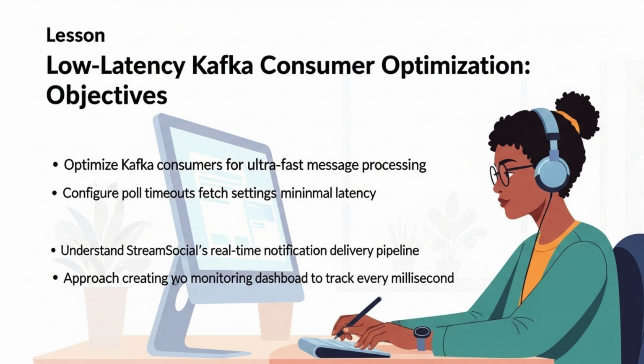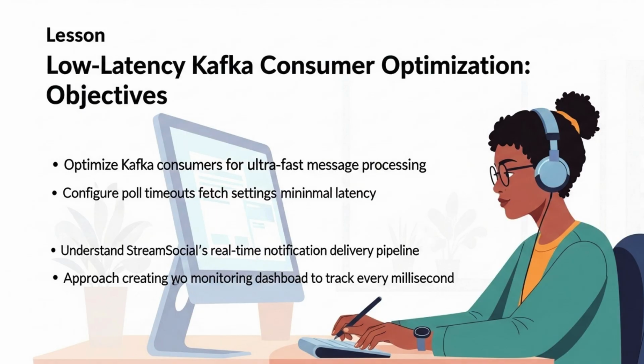By the end of this session, you'll have a practical understanding of how to build systems that react faster than a blink. Specifically, you will be able to optimize Kafka consumers for ultra-fast message processing. You'll grasp the key settings that dictate how quickly your applications can react to new events. We'll also cover how to configure poll timeouts and fetch settings to achieve minimal latency, which are often overlooked but crucial details.